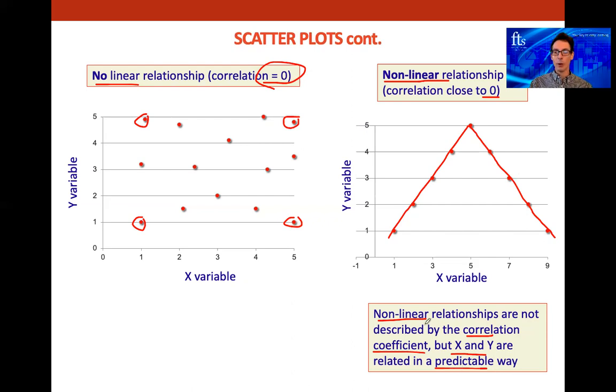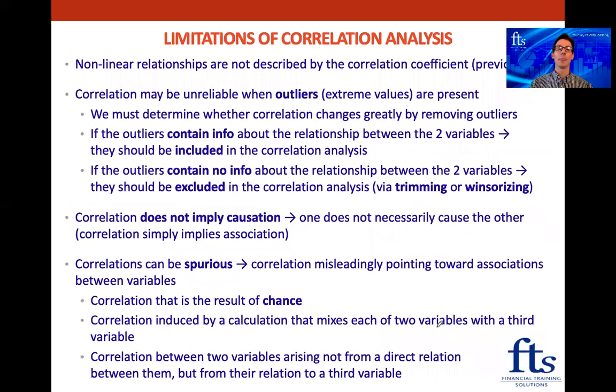What I've got over here is actually going to be the next point on the next slide. We have covered it, but let's just do it again so that we can be sure. This slide is talking about the limitations of correlation analysis. So this is what we've discussed. Non-linear relationships are not described by the correlation coefficient.